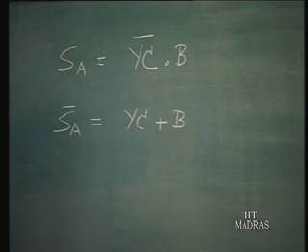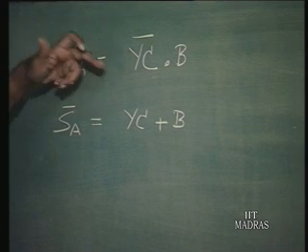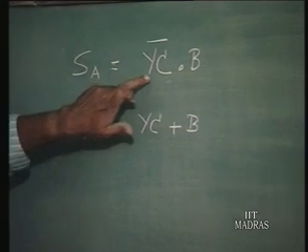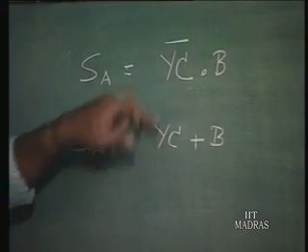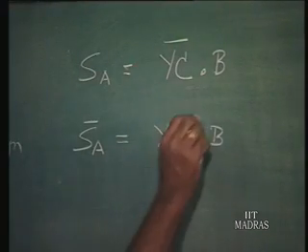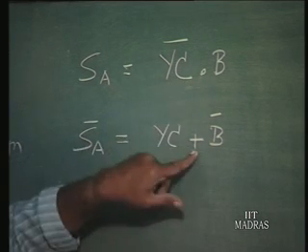Just to recall, to complement this you have to complement each of the variables. So, yc bar complemented will be yc, b complemented will be b bar, and instead of AND you will have OR.